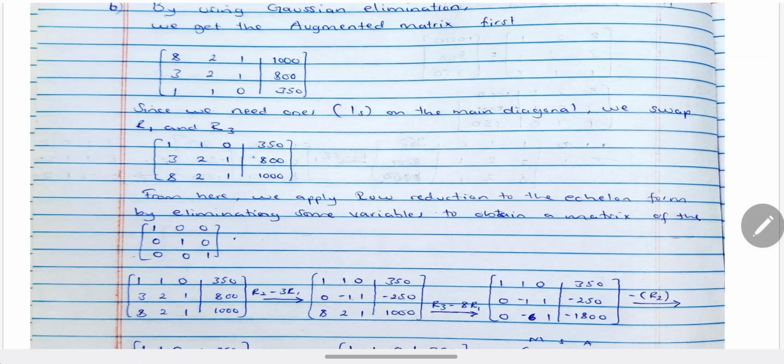Since we have a 0 here, we swap the first row with the third row, such that we get rid of this 0, and this is what we did. And then we have our ones on the main diagonal.